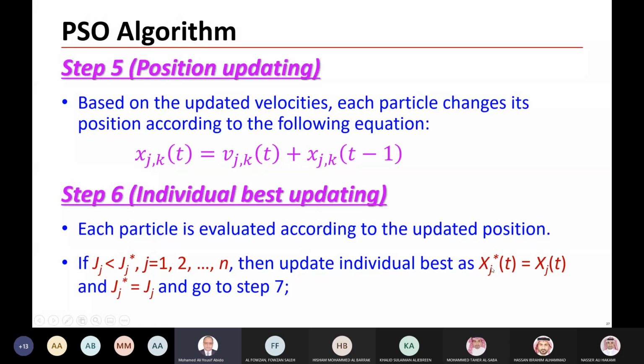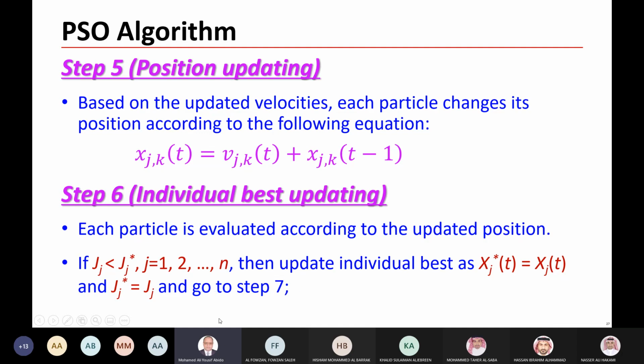So you assign X star, you forget about the old one, and now X star equals the current position, and J, the objective function of the local best, equals the objective function of the updated position. If not, then you skip this and go to step number 7 directly.